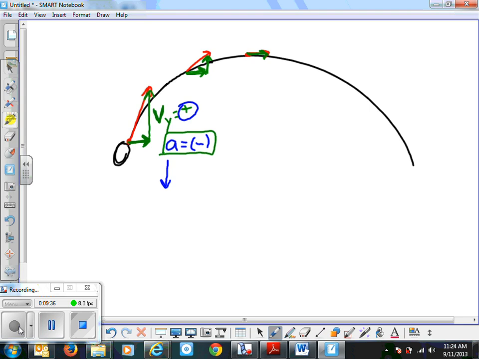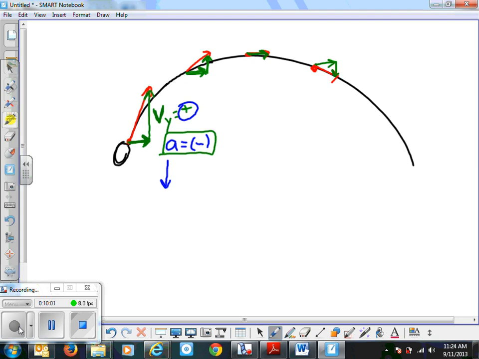Is there a y in this case? No, there's no y. And then when we get down to another place over here, that would be our velocity. We have our x velocity that is still the same, and then we have the y part.